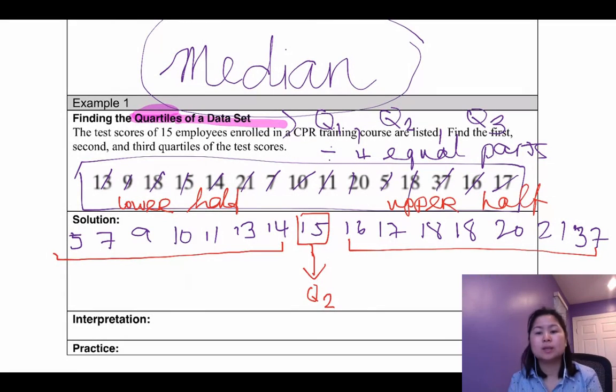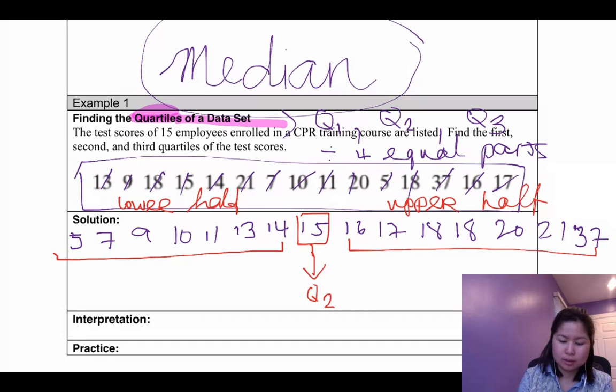What we're going to do is look for Q1 and Q3. Q1 is the median of the lower half. So I'm going to look at this part from 5 to 14, and look for the median of this data set.